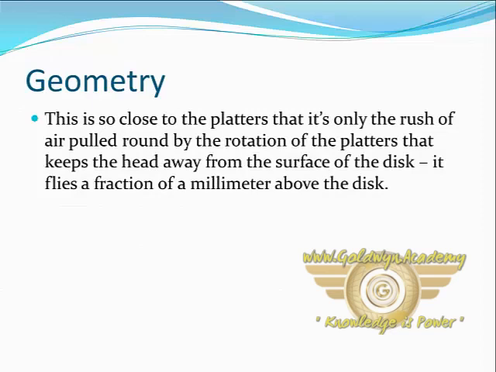This is so close to the platters that it's only the rush of the air pulled around by the rotation of the platters that keeps the head away from the surface of the disk. It flies a fraction of a millimeter above the disk.